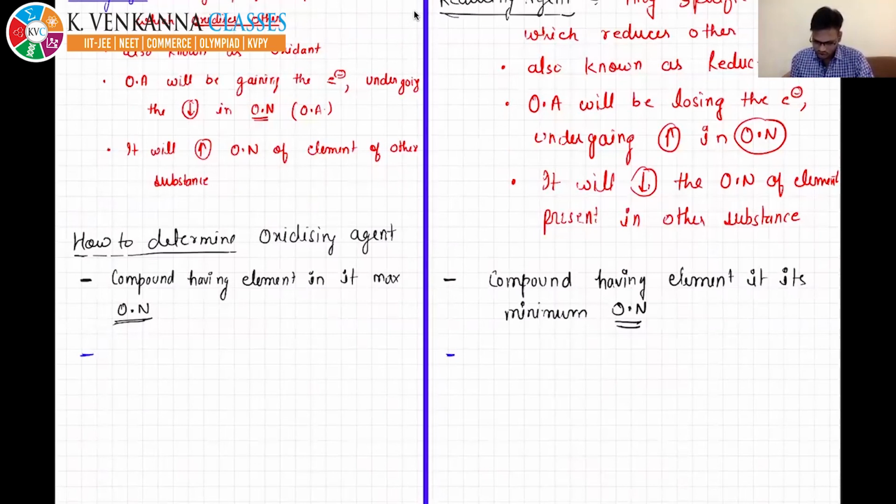Reducing: all the metals in elemental form are very strong reducing agents.